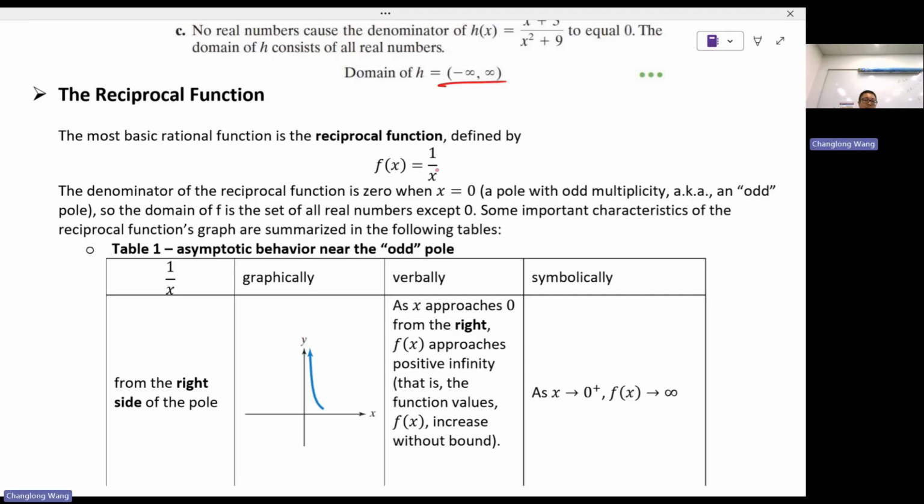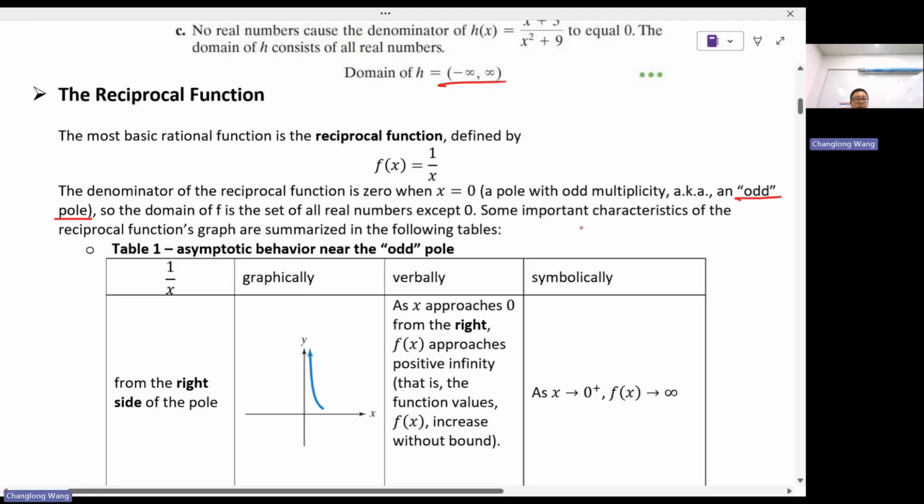If I claim that we have a pole at 0 with a multiplicity 1, or an odd multiplicity, I think you should be able to understand it just like a 0 with an odd multiplicity. But I don't want to keep calling it the pole with odd multiplicity. So later on, how about we just call it an odd pole?